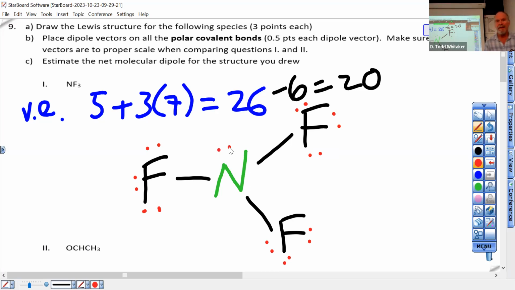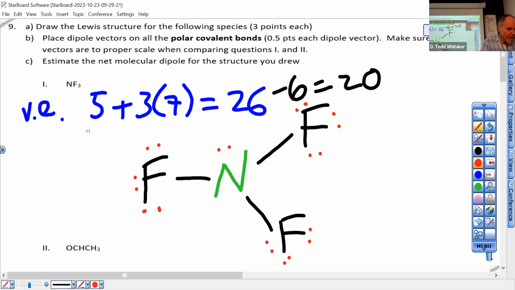There you go. Now, you were very lucky in this one because now all the octets are full. You're done. If the octets weren't full, I would take a lone pair off of fluorine and move it in for a double bond. But the octet was full. I'm not going to violate nitrogen's octet by doing that. That one is done. Congratulations.